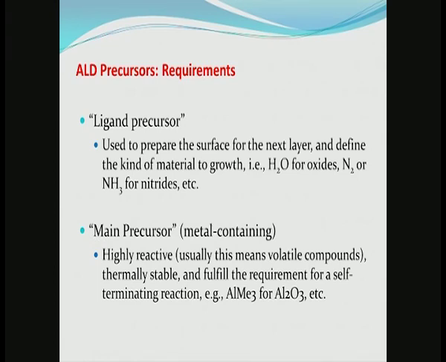Fortunately, there is generally a considerable choice of materials for the main precursor. For example, if one wants to make titanium dioxide layers by ALD, then a compound known as titanium isopropoxide is suitable for this purpose, and it can be used successfully as the metal-containing main precursor for TiO2 deposition.